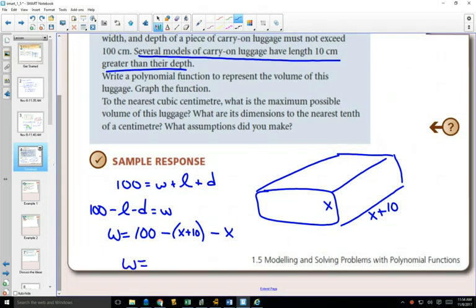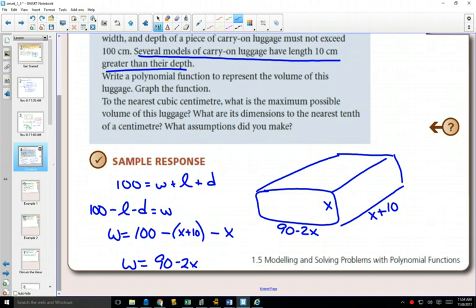Simplifying this, we get that our width is 90 minus 2x. We just completed the hard part of any of these word problems, is figuring out from the information how to label things.